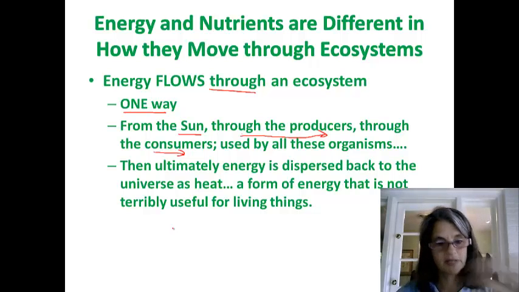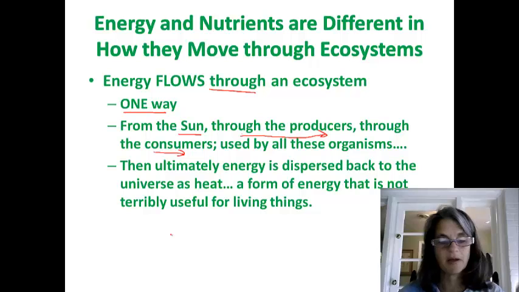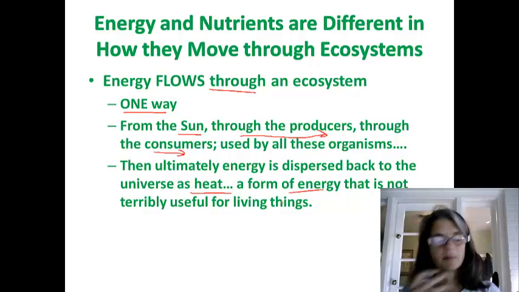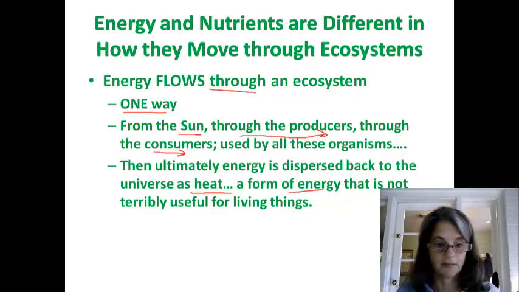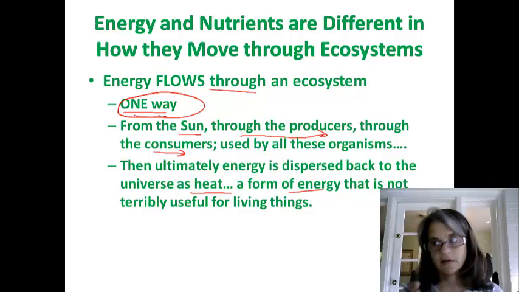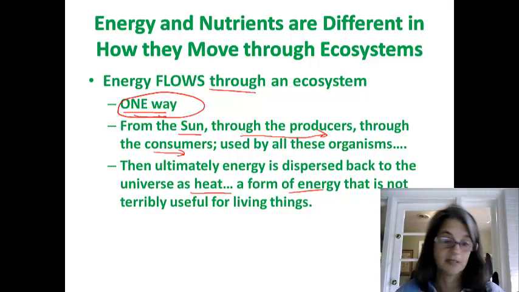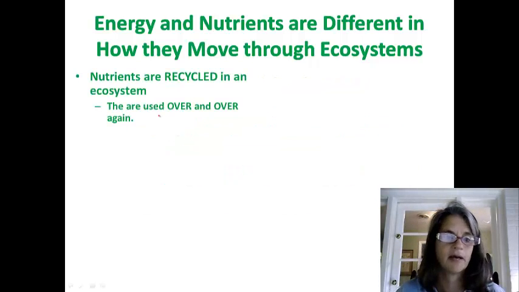Whatever energy is remaining is dispersed back to the universe as heat, okay? And that's a form of energy that is not terribly useful for supporting an ecosystem, okay? So energy flows through one way, from the sun through an ecosystem to the point where it is not very usable anymore, okay?